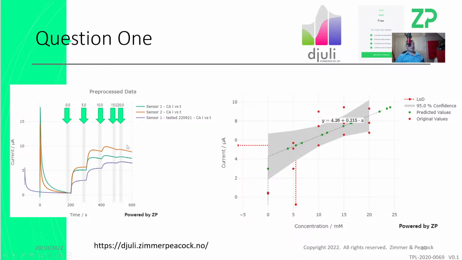In fact, I can see here that it has combined these three data sets and has given us: signal is equal to the offset, which is 4.26 in this case, plus the gradient, which is 0.215 times x, which is the concentration. So Julie is able to automate the analysis of this.